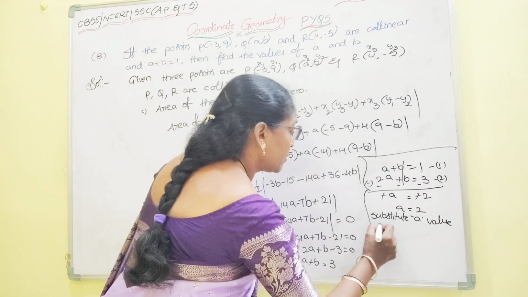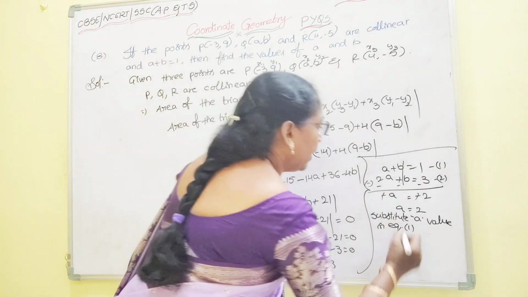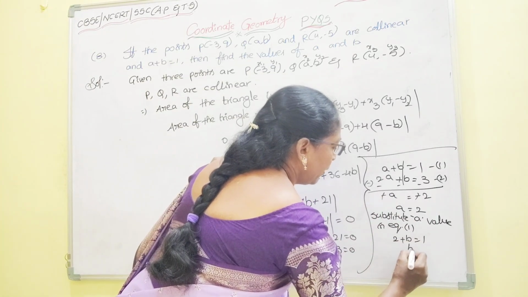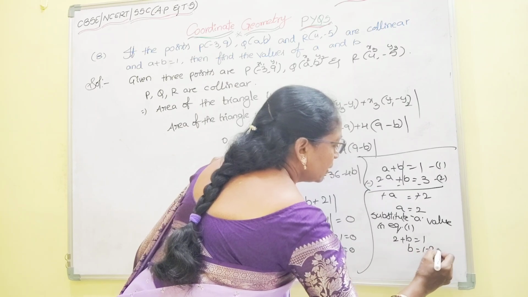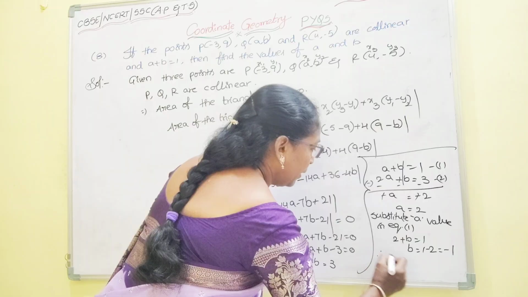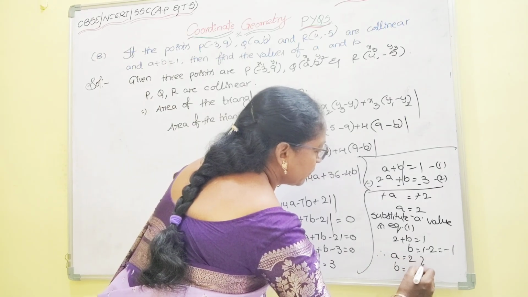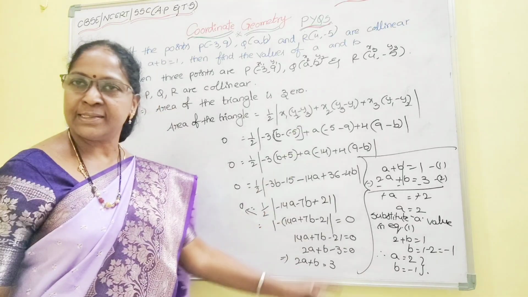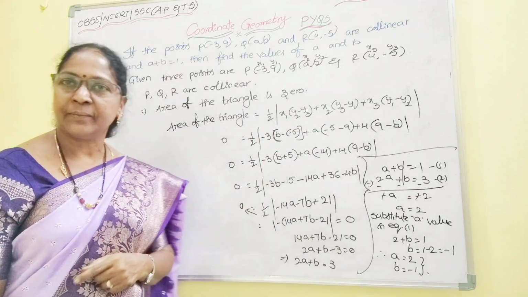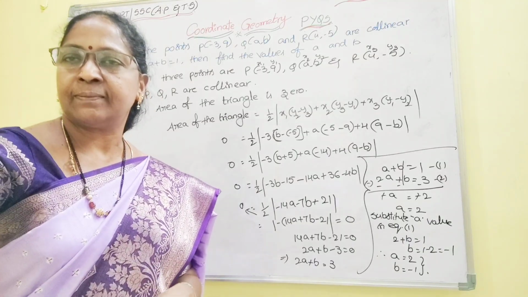Value in equation number 1: a plus b equals 1, that means 2 plus b equals 1, so b equals 1 minus 2, that equals minus 1. Therefore a equals 2 and b equals minus 1. This is the answer. Is it clear? Just copy this question. This is very important. These are all already given questions.